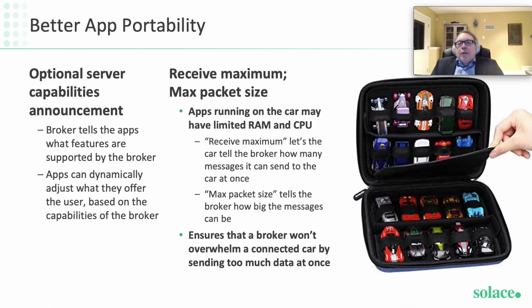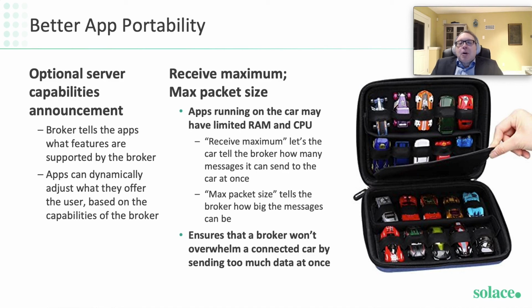The other way around, your devices, your cars, can also tell the broker what they're expecting. Things like receive maximum, the maximum number of messages it wants to receive in a burst, and the biggest size of any packet. It's important because the car might have limited resources and you don't want the broker overwhelming the car.